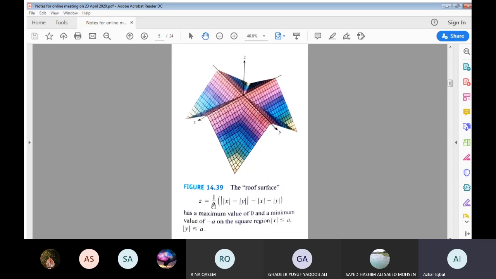So z is equal to 1/2, and you see that there is the absolute value of |x| minus |y|, and then the absolute value again. So there are double absolute values: the absolute value of minus |y|, and the absolute value of minus |x| minus |y|.